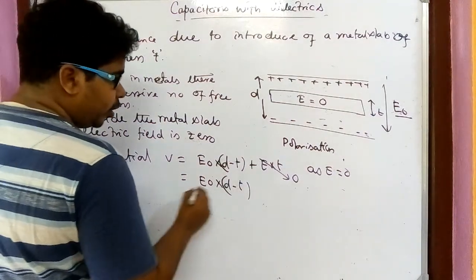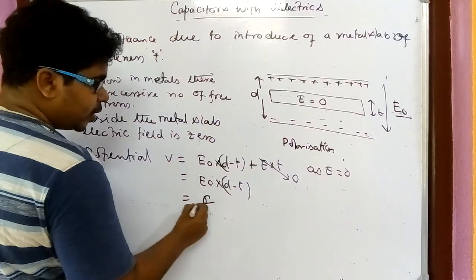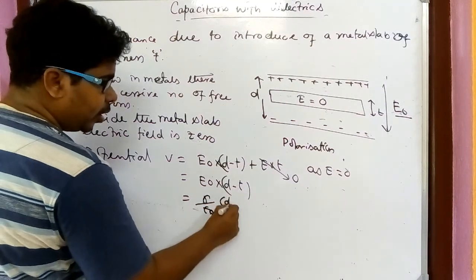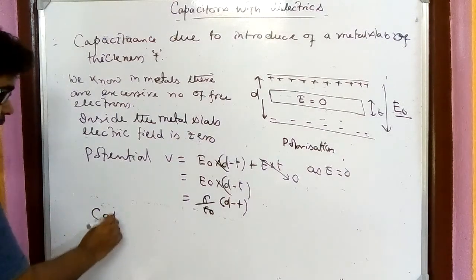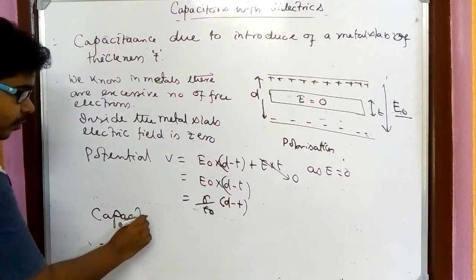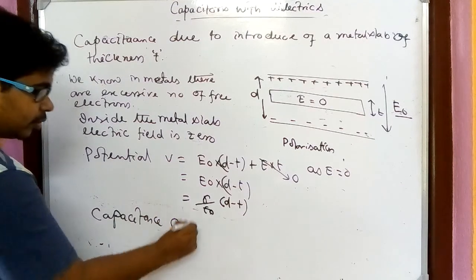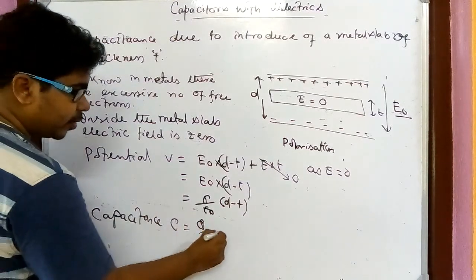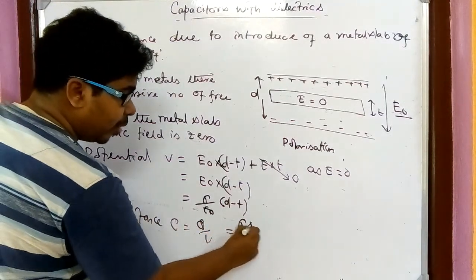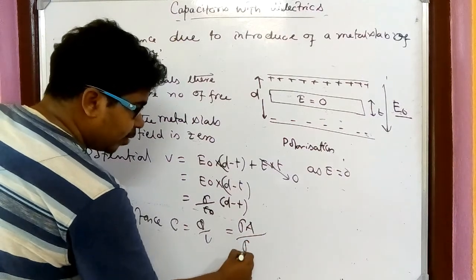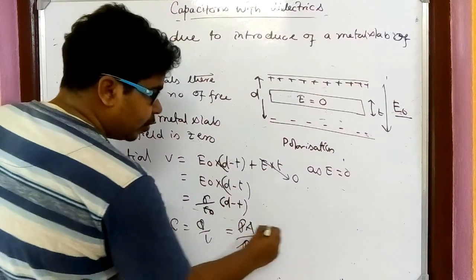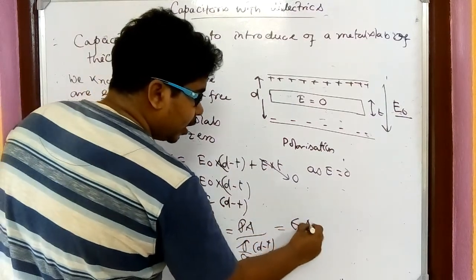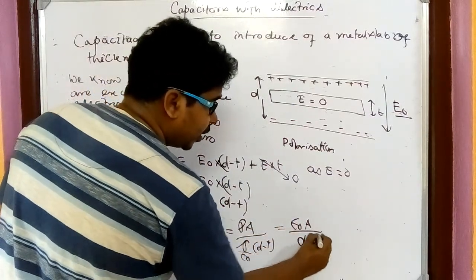E naught means sigma by epsilon naught, so V equals sigma by epsilon naught into (D minus T). And here the capacitance C equals Q by V. So Q equals sigma A, divided by sigma by epsilon naught into (D minus T). Sigma will cancel out. That is C equals epsilon naught A by (D minus T).